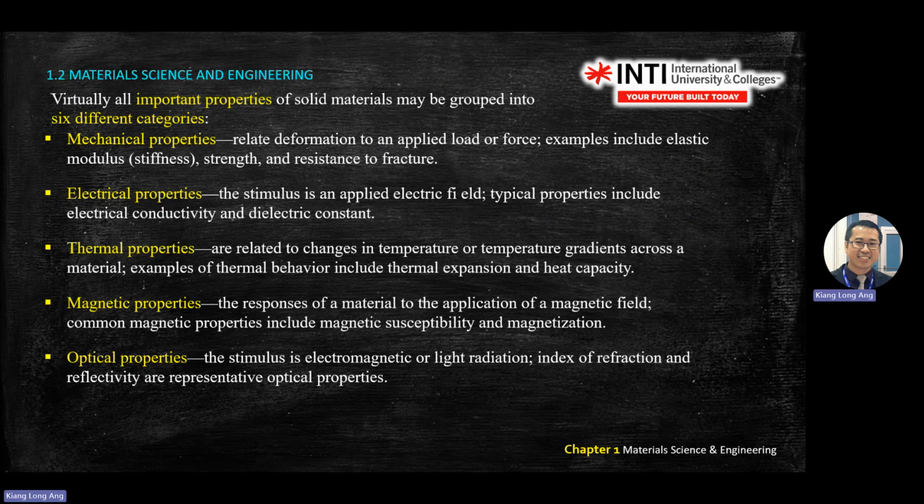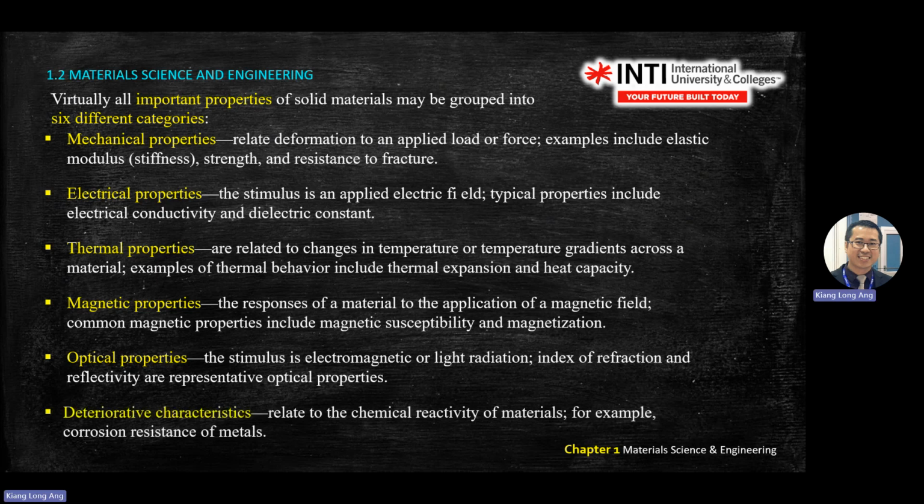Okay. So magnetic properties, this one is more on the magnetic field. This one will not be in our module. Optical properties, this one also will not be in our module, but you can relate this 1, 2, 3, 4, 5 in your lab report. You can elaborate the lab report in this 1, 2, 3, 4, 5 area.